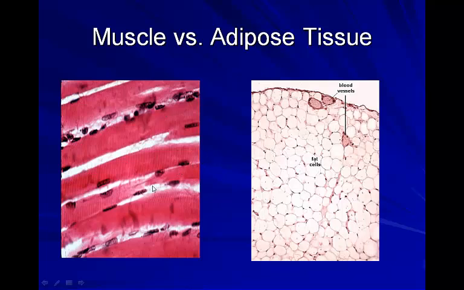On the left, you have muscle tissue, where these big dark dots are the nuclei of cells. The nuclei are kind of being pushed aside, and you almost have this salmon fillet look to the tissue. Within these cells, you have lots of fibrous structures laid down, a lot of actin and myosin filaments, because the job of this tissue is to contract.